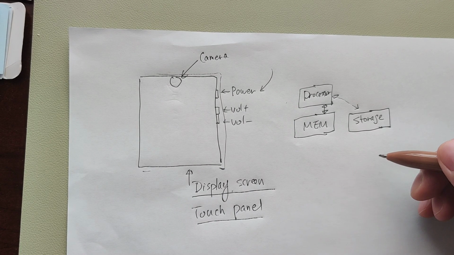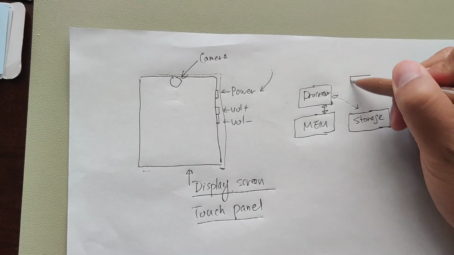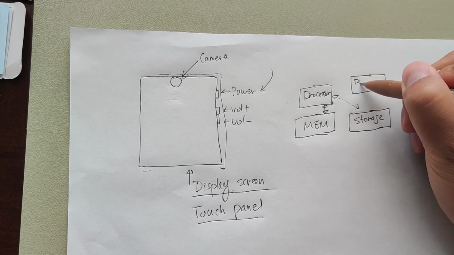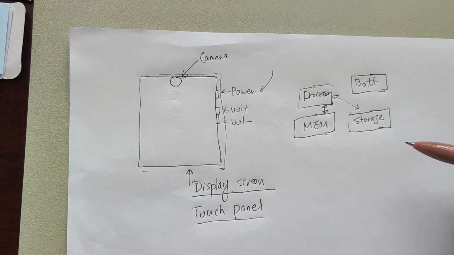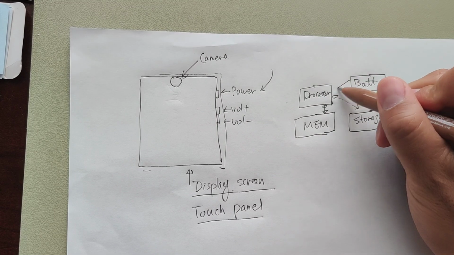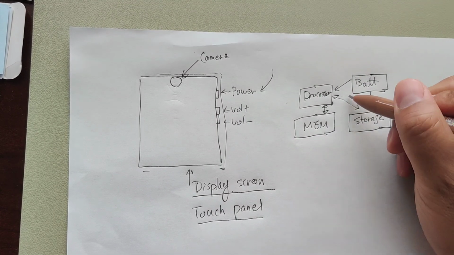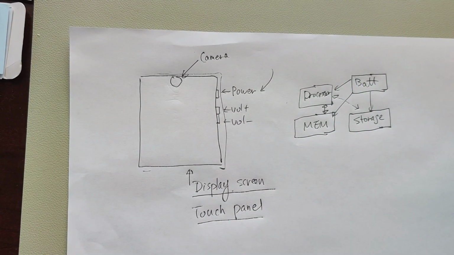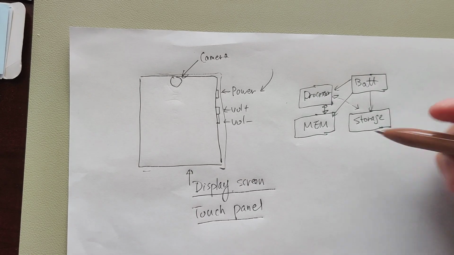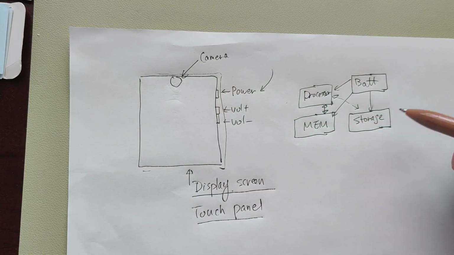Okay, and there's a big piece of things we always need, which is the battery. The battery basically powers all these pieces here. Like keep them on, keep working. Otherwise, those electronic components will not work without power.